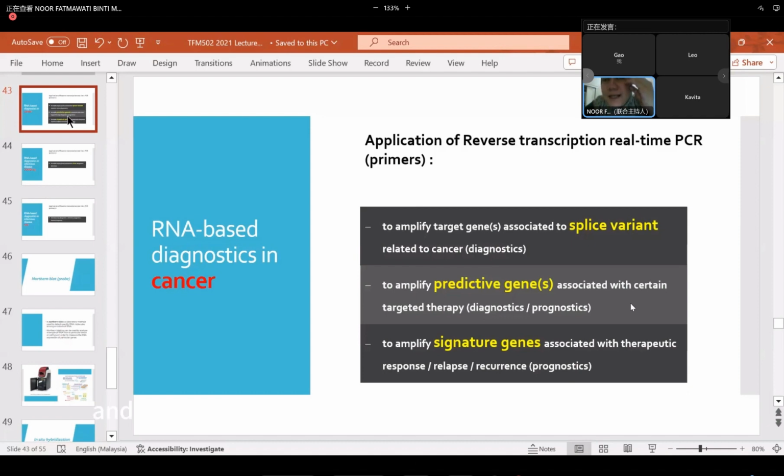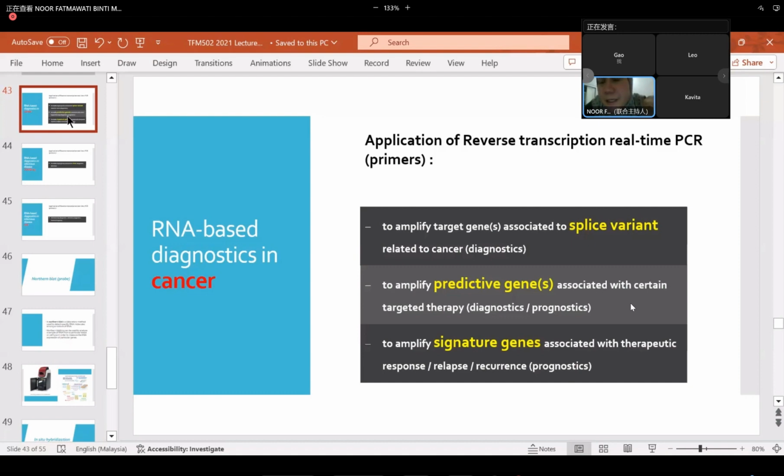For the prognostic assay, we use it to evaluate patient response after taking treatment, or to assess whether the disease progresses.